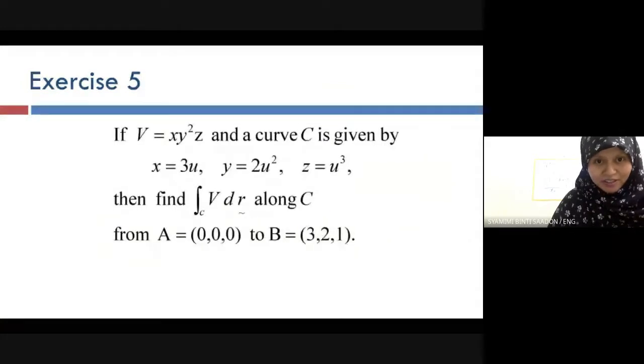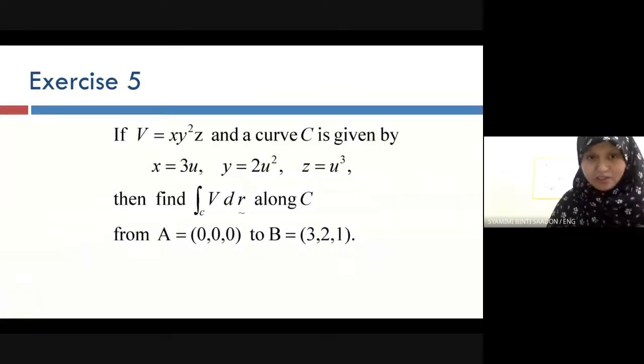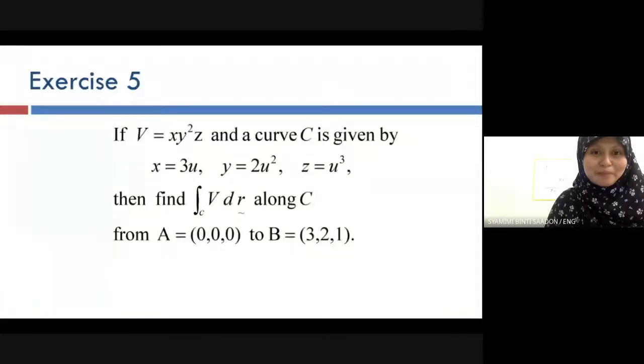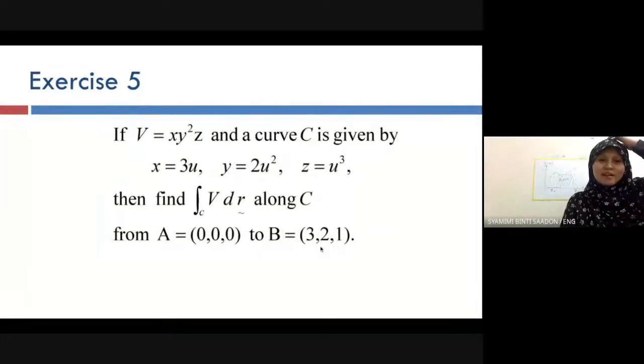So V is x y square z. The graphic looks complicated, but the calculation is not too complicated. We'll do this one as an example.